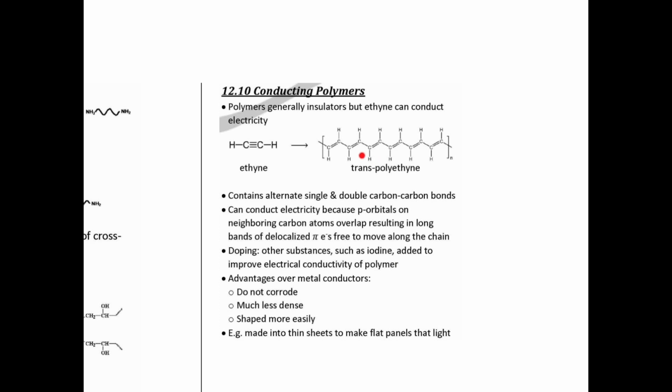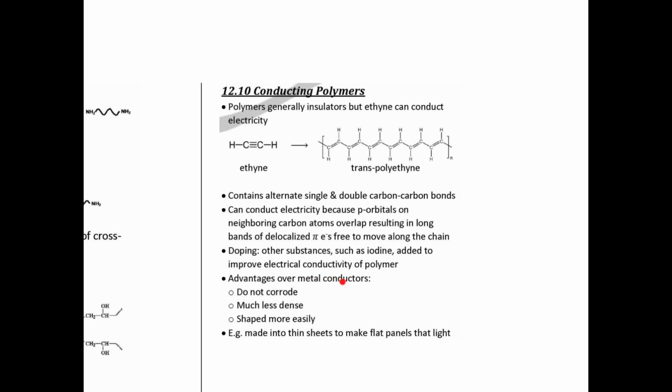So if you feel the conductivity is not good enough, then you can do doping. That means you add iodine inside. That's the process of doping. It's just adding something else into the original one. And of course, we add with reason. We want to improve the electrical conductivity.